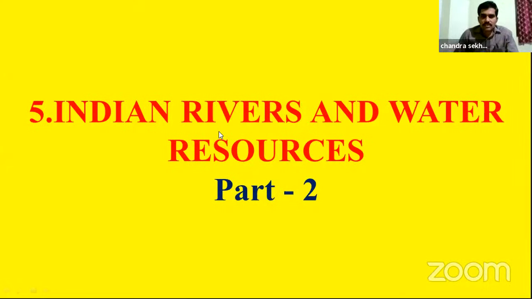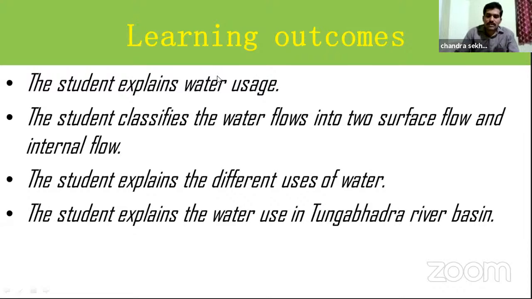Okay, today's lesson is Indian rivers and water resources part 2. The learning outcomes of today's class: the student explains water usage, how we use water in our day-to-day life and daily activities. The student classifies water flows into two, surface flow and internal flow.